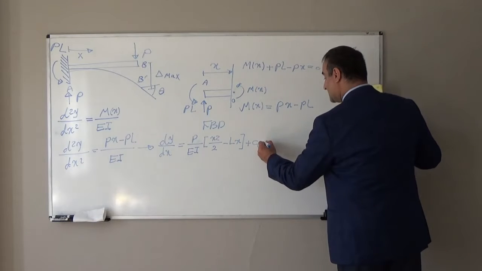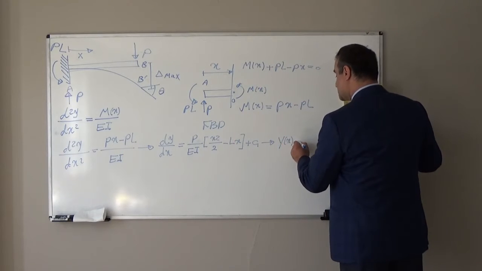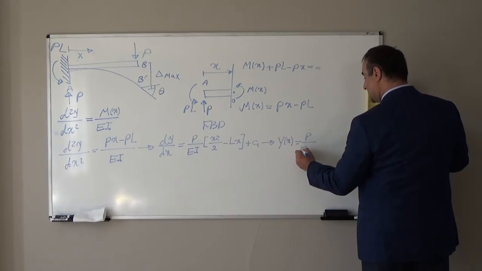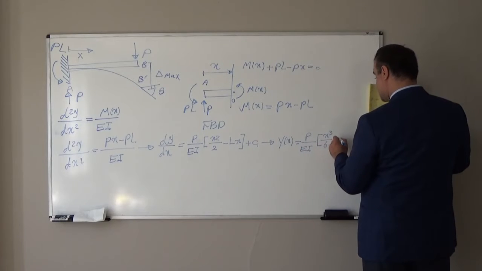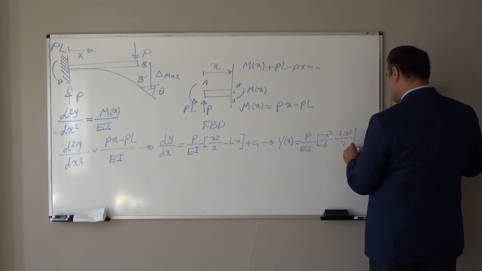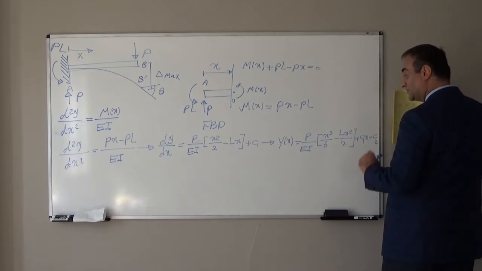If we integrate one more time, we will have the equation for the curve. This will be equal to P over EI times x cubed over 6 minus Lx squared over 2 plus c1x plus c2.